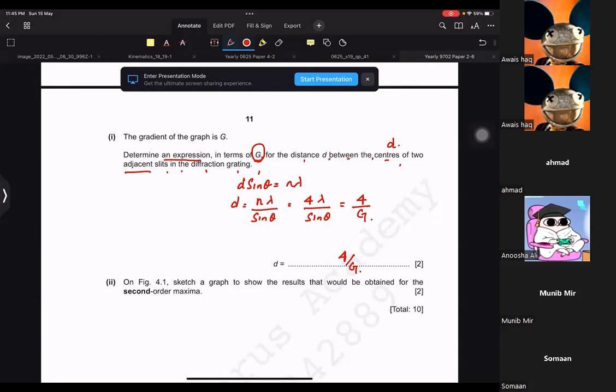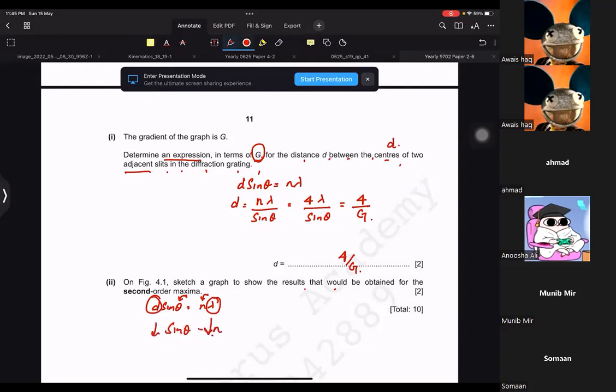Now, on the graph, show the result that would be obtained for second order maxima. Second order maxima will have, okay, let me think about it. Because we have d sine theta, so theta is going to technically change because the order is different. These are constant, so we have to see if theta reduces, the angle also reduces.